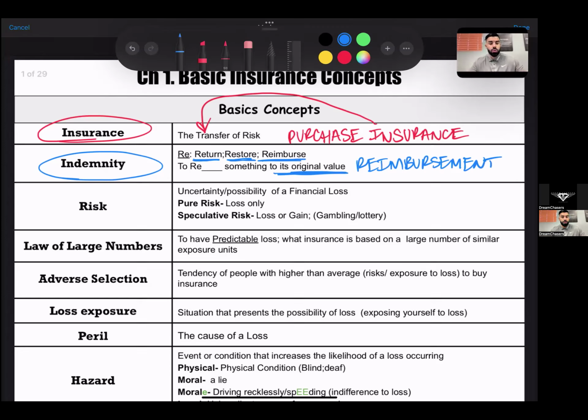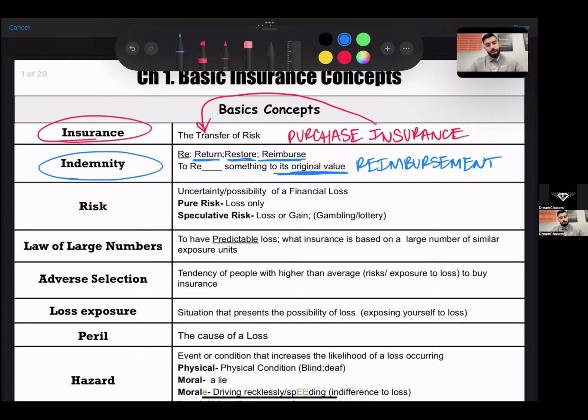The total cost of repairs was $30,000. Now, yes, you're covered for up to 50, but the cost of the repairs was 30. So the insurance company is only going to restore or reimburse the body shop up to whatever the original value of the damages was, which would be in this case $30,000. So indemnity, another word for it, reimbursement.